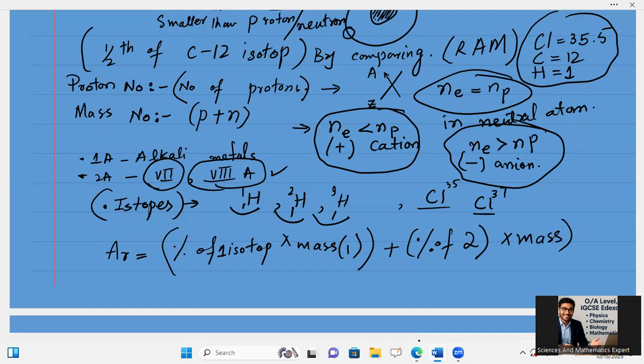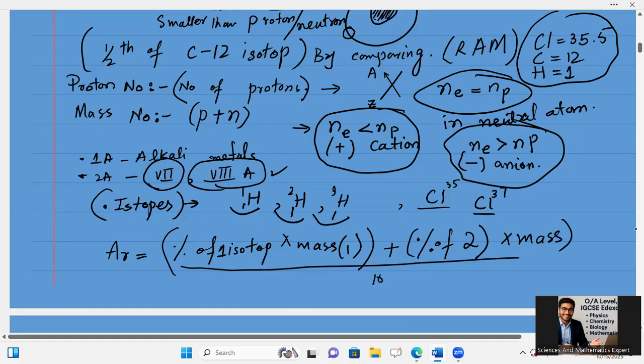If there are three isotopes, like hydrogen, you add more terms, and it is divided by 100, and you will get the relative atomic mass of that element.